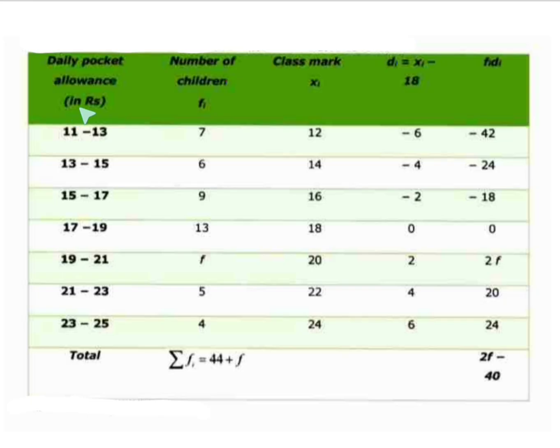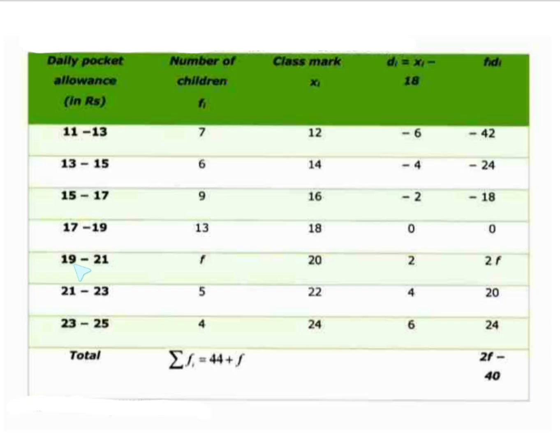Daily pocket allowance in rupees: 11 to 13, 13 to 15, 15 to 17, 17 to 19, 19 to 21, 21 to 23, 23 to 25. Then the number of children is the frequency f_i. Between 11 and 13 is 7, between 13 and 15 is 6, and like 9, 13.